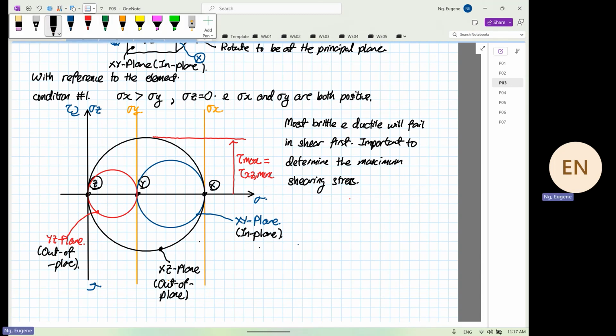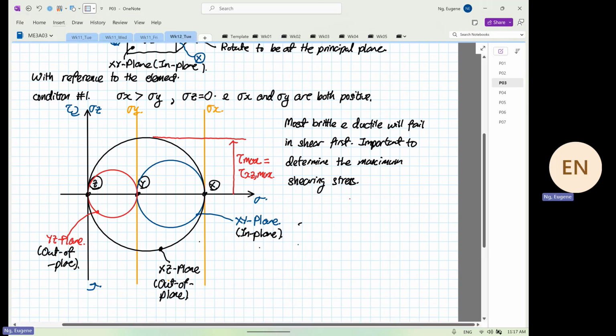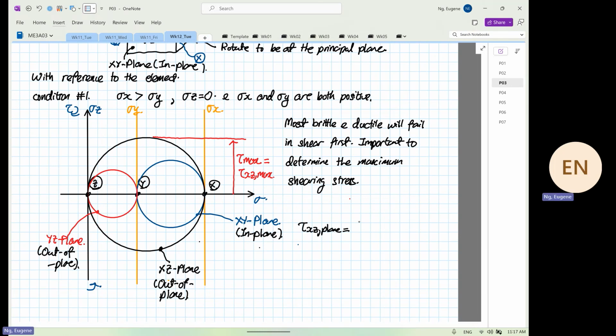So we can write this down. We know that shear XZ plane will be equal to stress X plus stress Z divided by 2, and note that our stress Z is equal to 0.